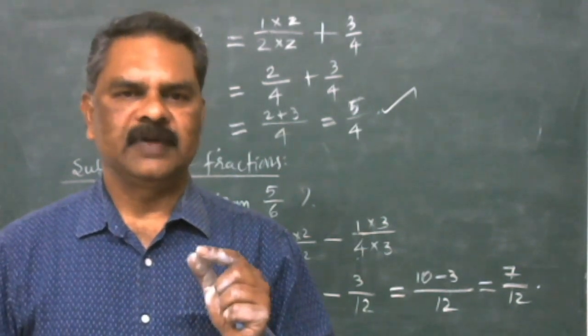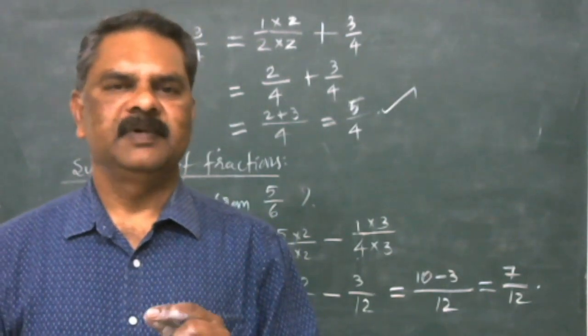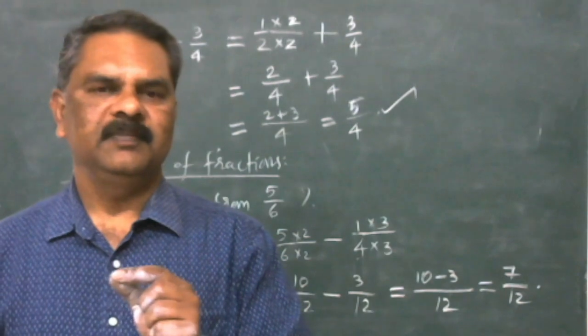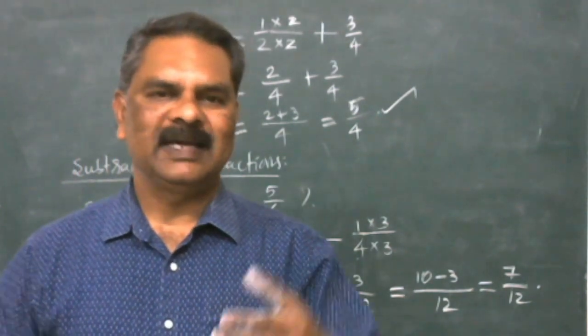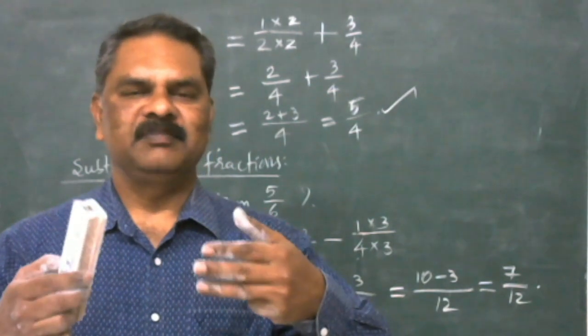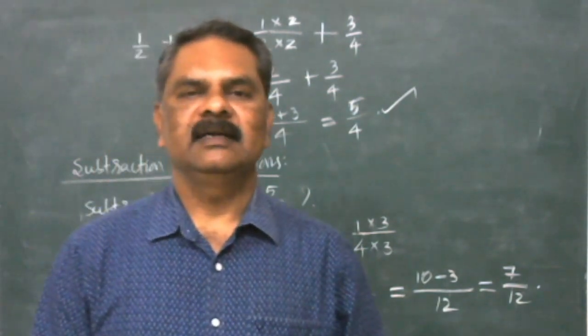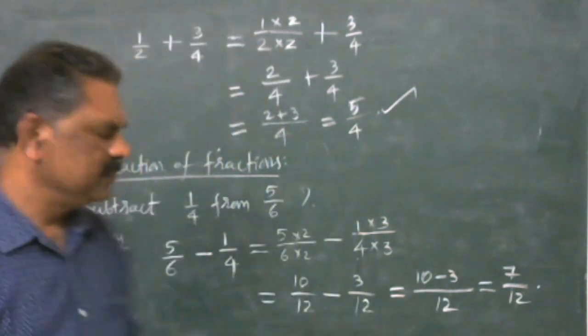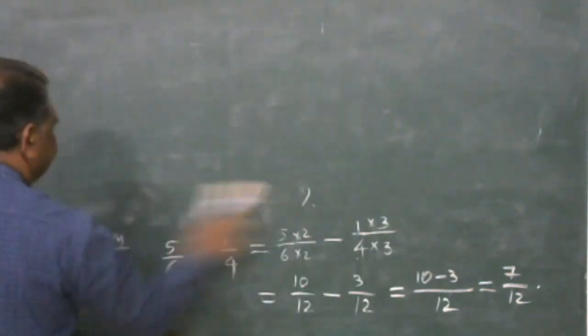While adding two fractions, if the denominators are not the same, then the parts are not equal. So first you have to make the same denominator by dividing the pieces equally, then we can add or subtract the parts. The next operation is multiplication.